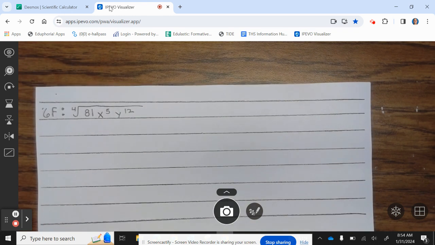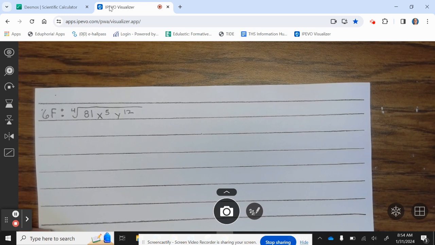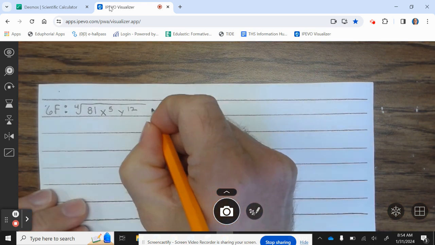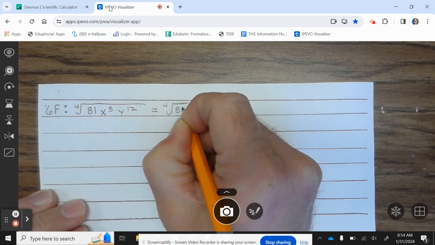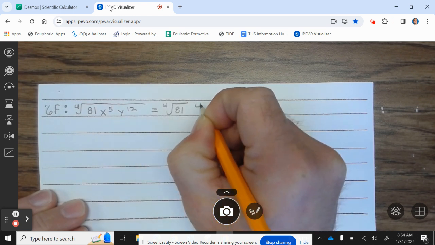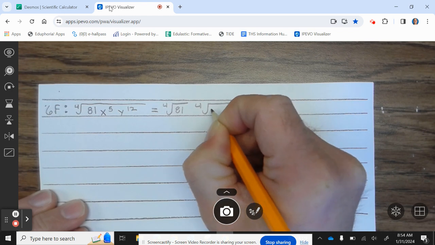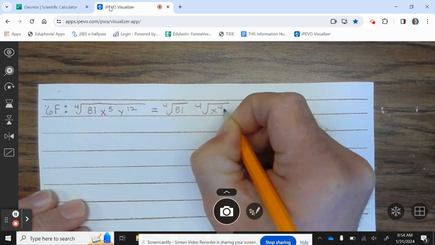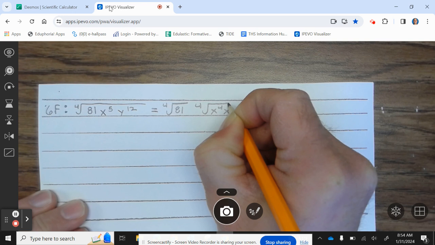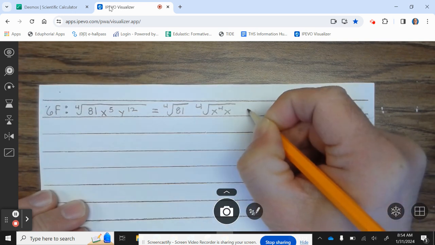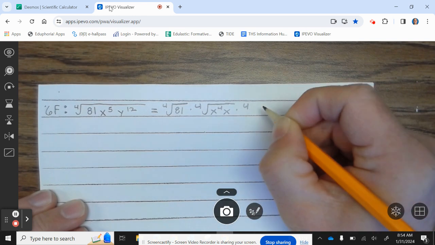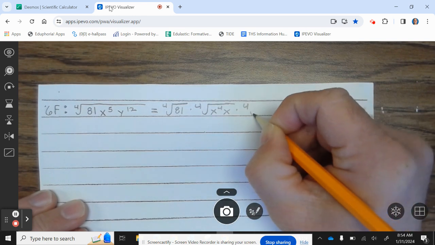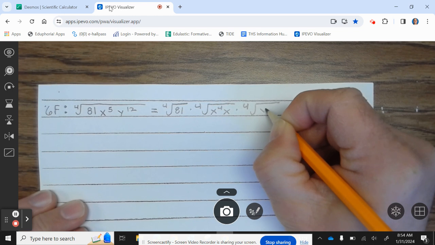Let's take a look at 6f. So that can be rewritten as the fourth root of 81 times the fourth root of x to the 4th times x times the fourth root of y to the 12th.